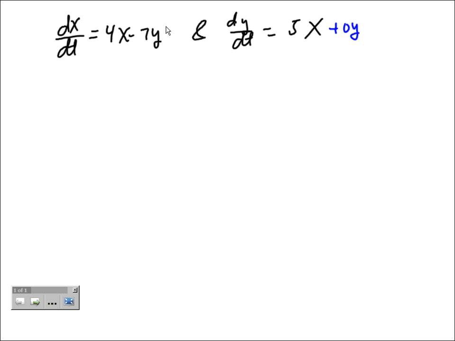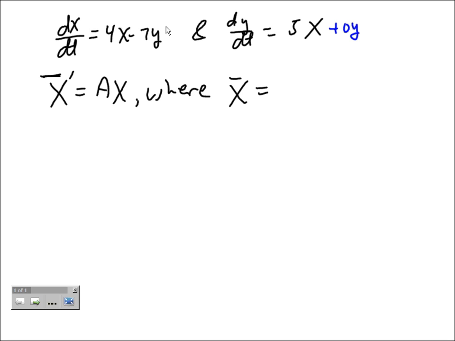Now, we want to write this in matrix form. We want to write it as x prime is equal to some matrix times x. Here x prime is a vector, that's what the line above means.